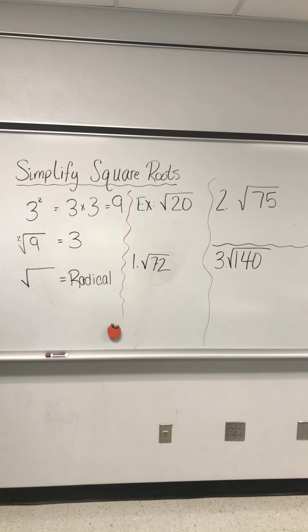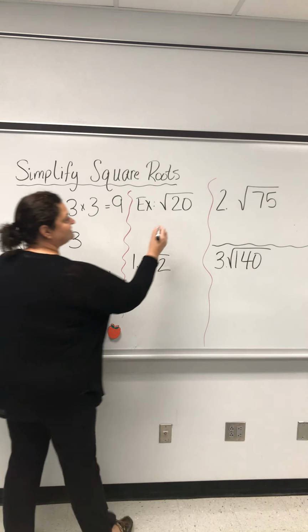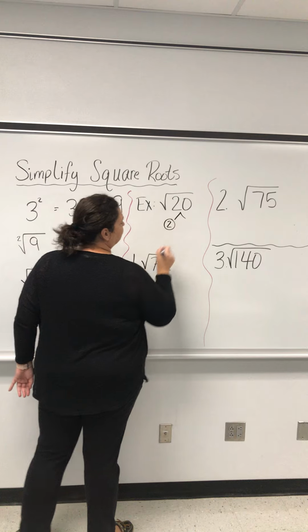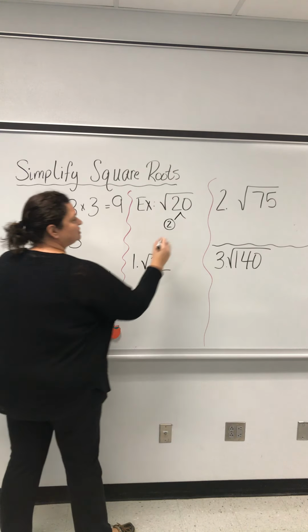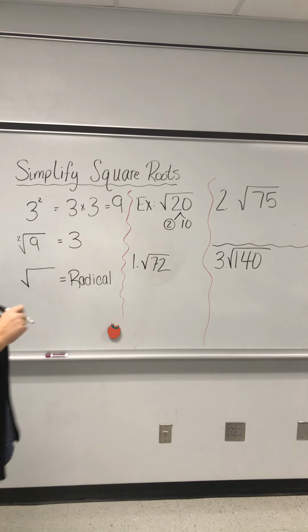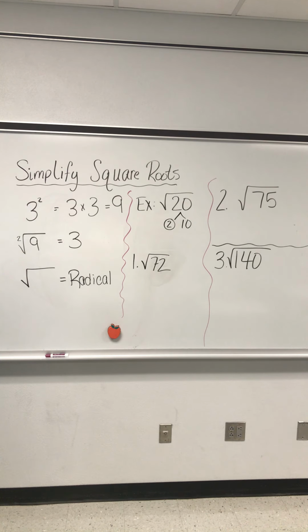So let's take a look at our example, the square root of 20. Now if you put it in your calculator, you're not going to get a nice number. It'll be a number with a decimal. So we're going to factor tree this one out so we can get all the prime numbers. So we know that 20 is even, so we know that 2 will go in there. 2 is prime, so we'll give it a circle. 2 times 10 gives us 20. 10 can be factored down because it's not a prime number.